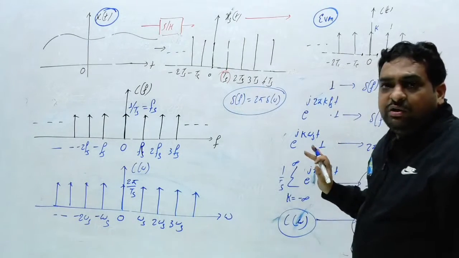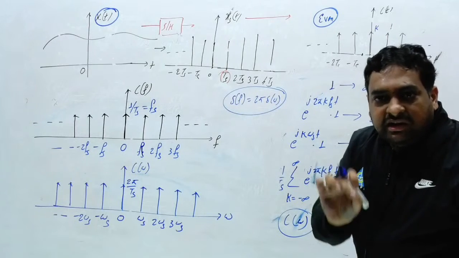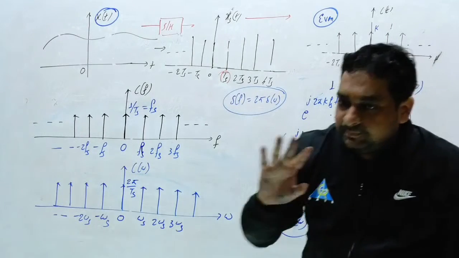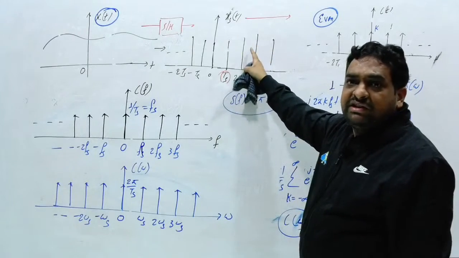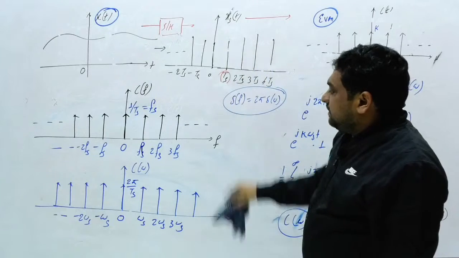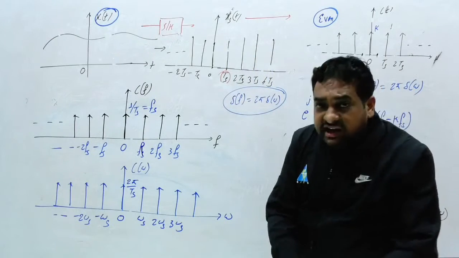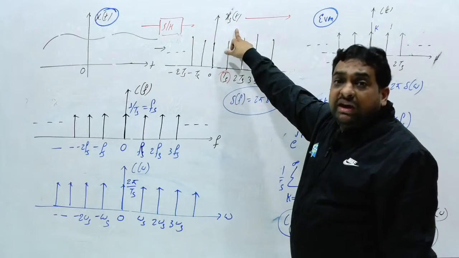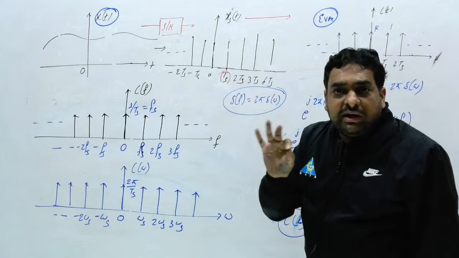So easily we can do it here. Fourier transform and convolution. Clear? So now, what will be the Fourier transform of this sampled signal? We are not going to write this mathematical term. We are directly going to plot this Fourier transform. Are you getting my point?